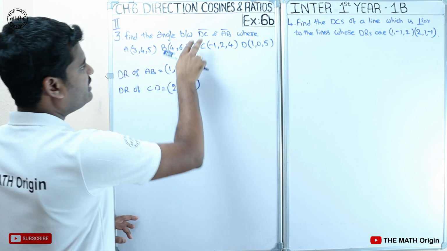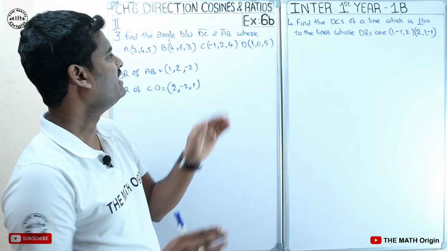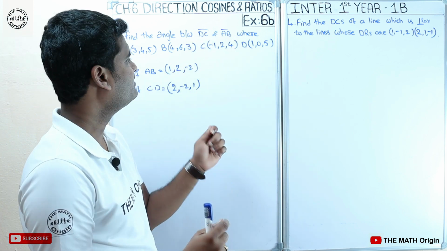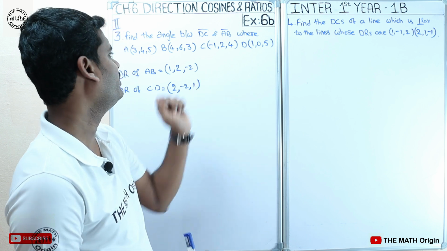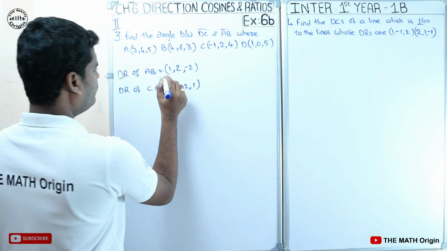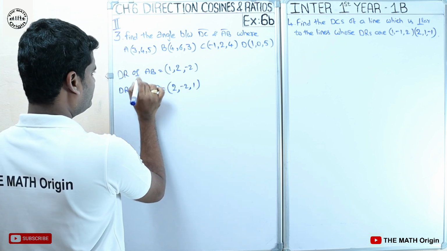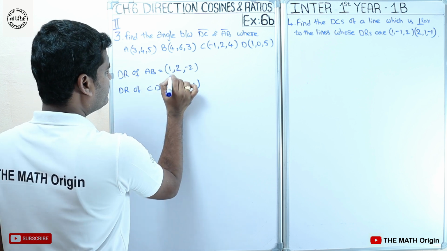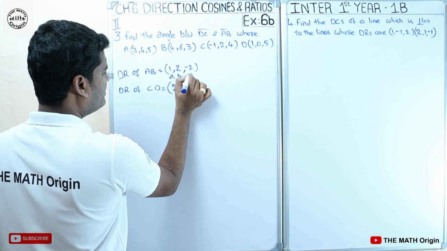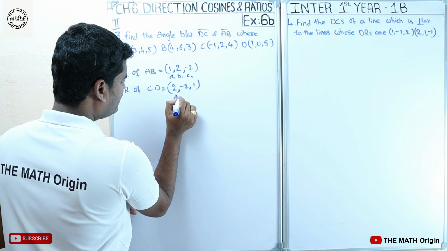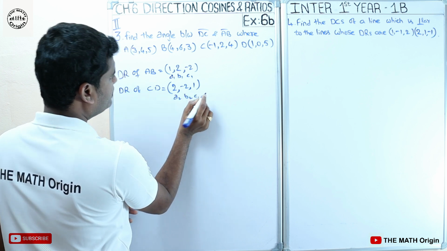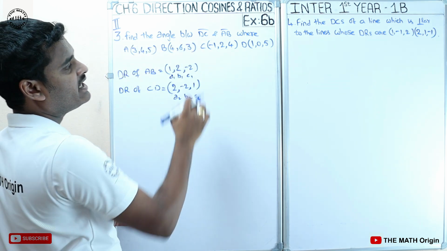Here they mentioned DC bar and AB bar. Yes, it's a line, so we can consider this as CD or DC, AB or BA. Now these are direction ratios of AB, whose values I can consider as A1 B1 C1. CD values I can consider as A2 B2 C2. Now find the angle between them.